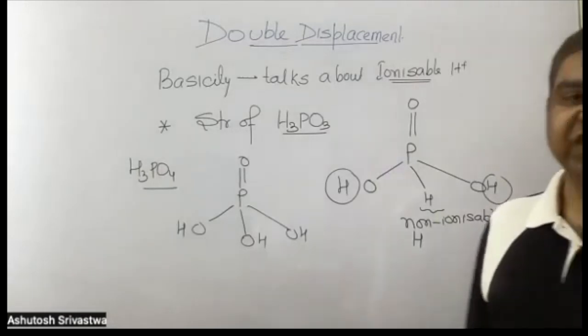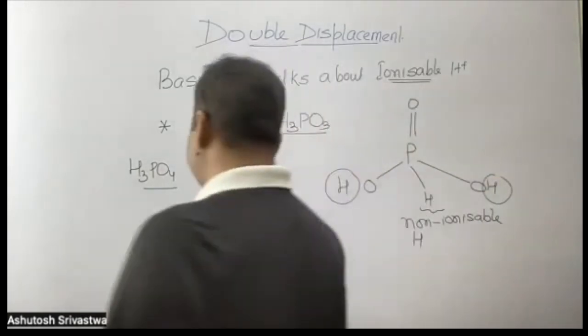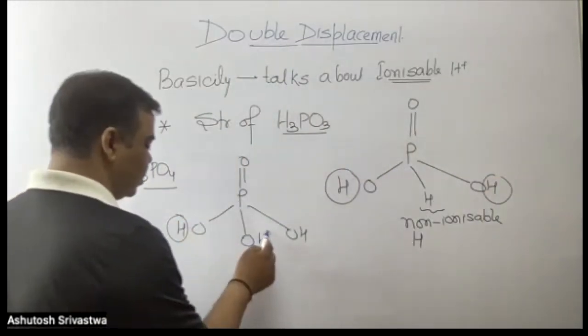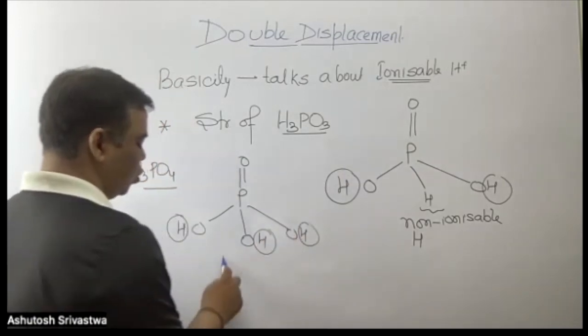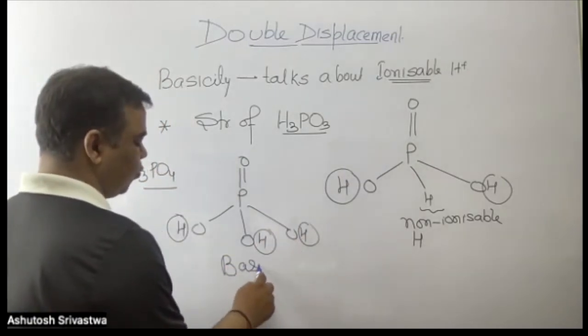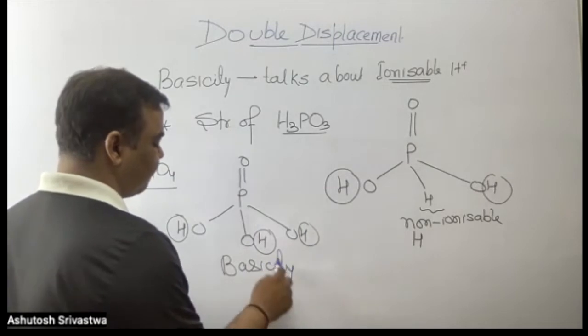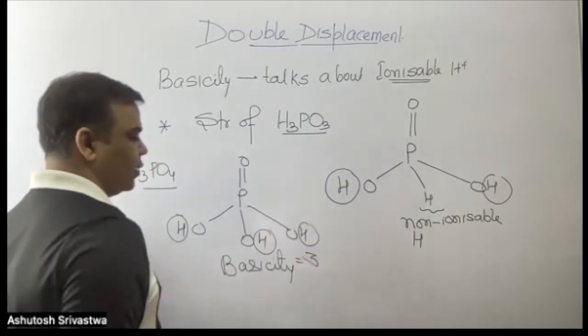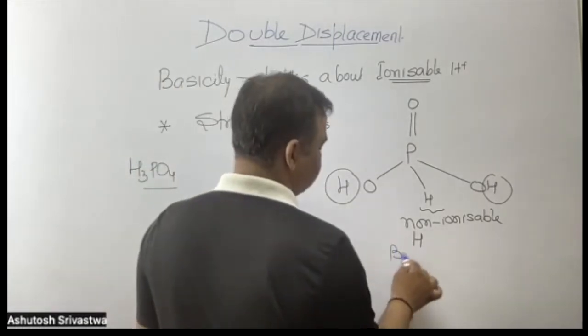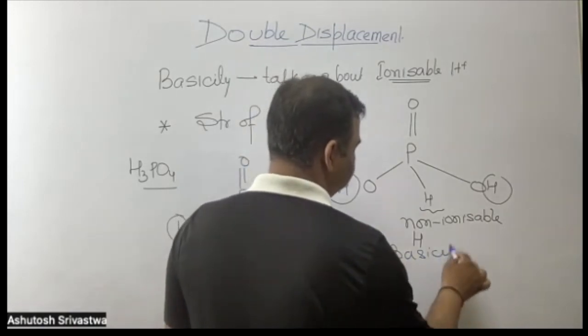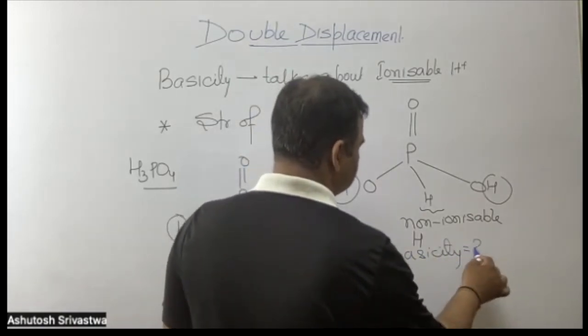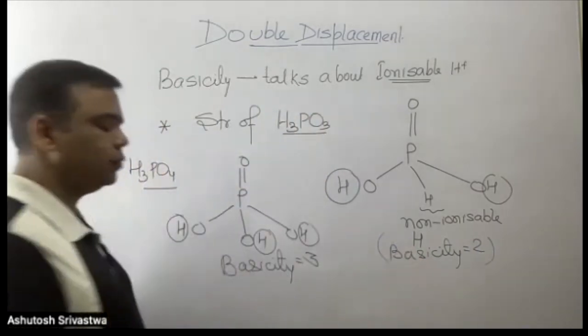So all the H can be ionized. This H, this H, this H can be ionized. So the basicity here is 3. Here basicity is equal to 2.